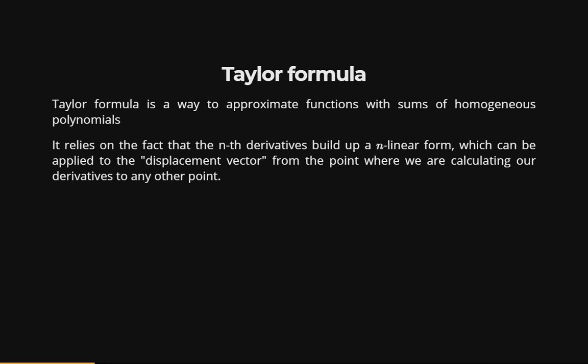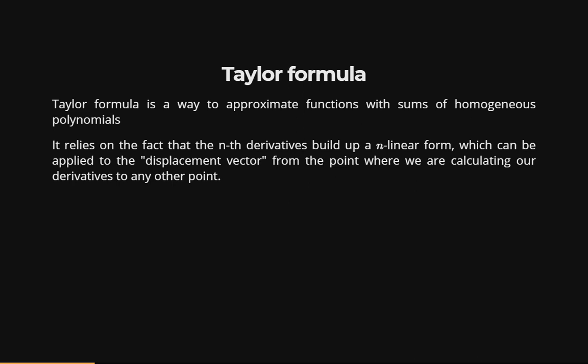The point is that if you take the first derivatives of a function, you get a vector. The second derivatives of a function give you a matrix, in a way. The third derivatives give you a cube of numbers, which is called a tensor, and so on.